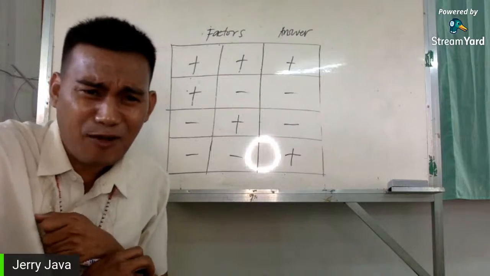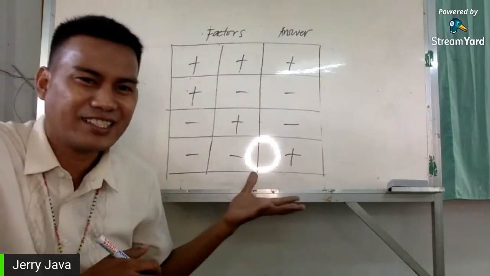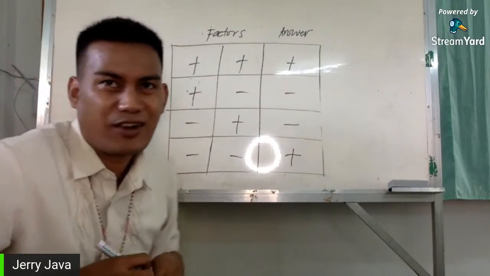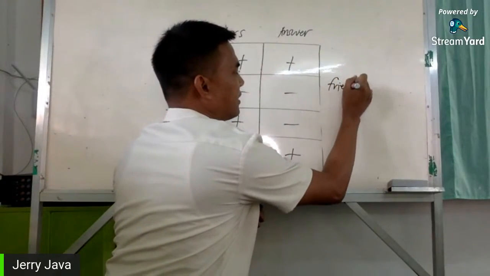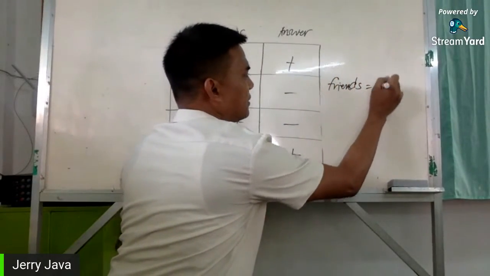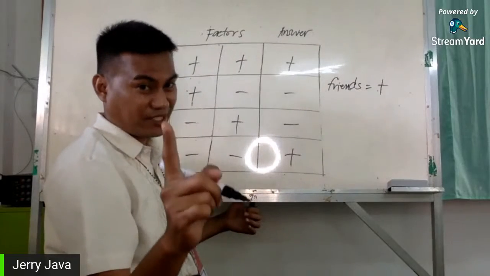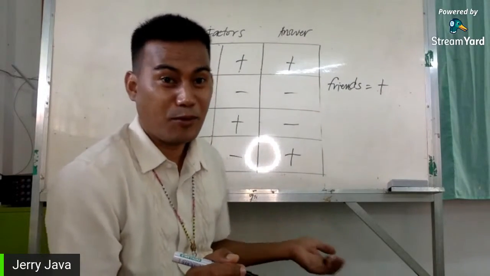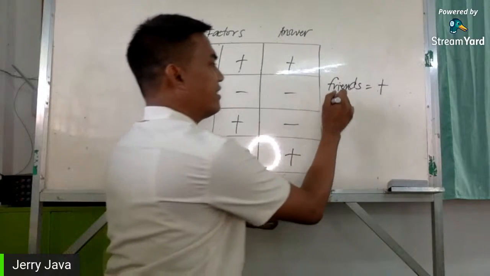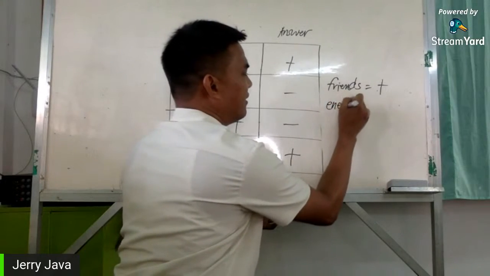Right? When someone fights with you, he is negative. They bring negativities to our life. So we consider friends as positive. You wouldn't befriend your enemy. Then enemies are negative.